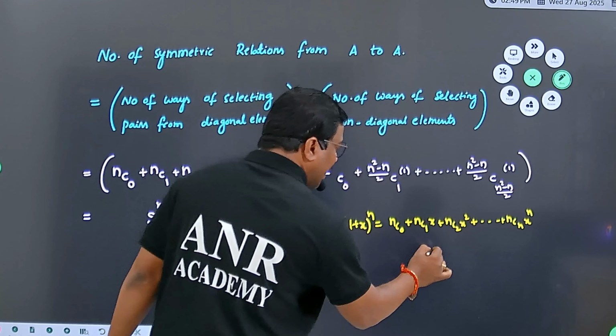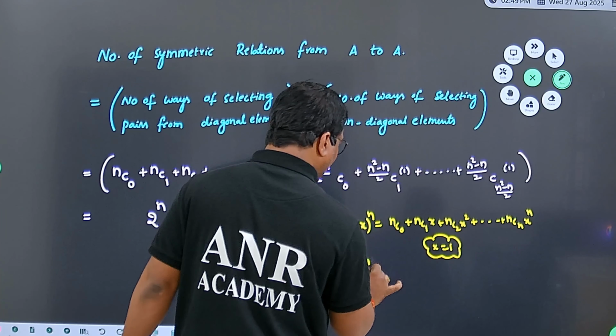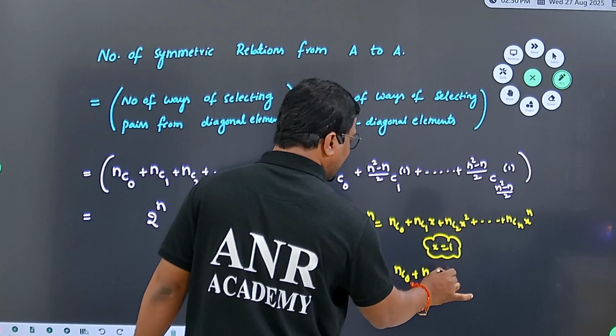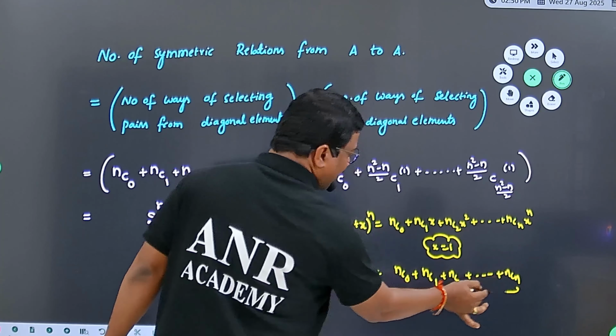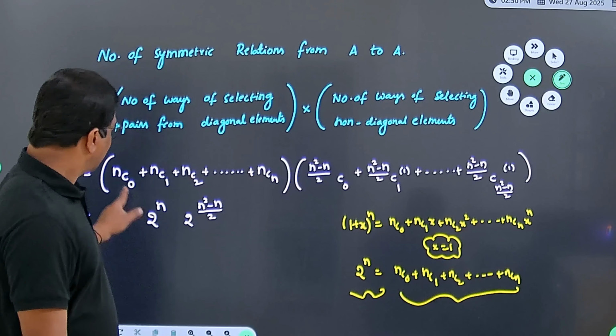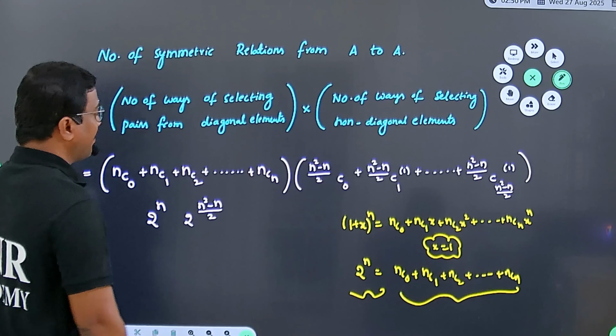Substituting the value of x equal to 1, observe, it is 2 to the power of n, and on the right part you get nC0, nC1, nC2 and so on up to nCn. So the sum of binomial coefficients is clearly 2 to the power of n. So 2 power n here, 2 power (n² − n)/2 here.